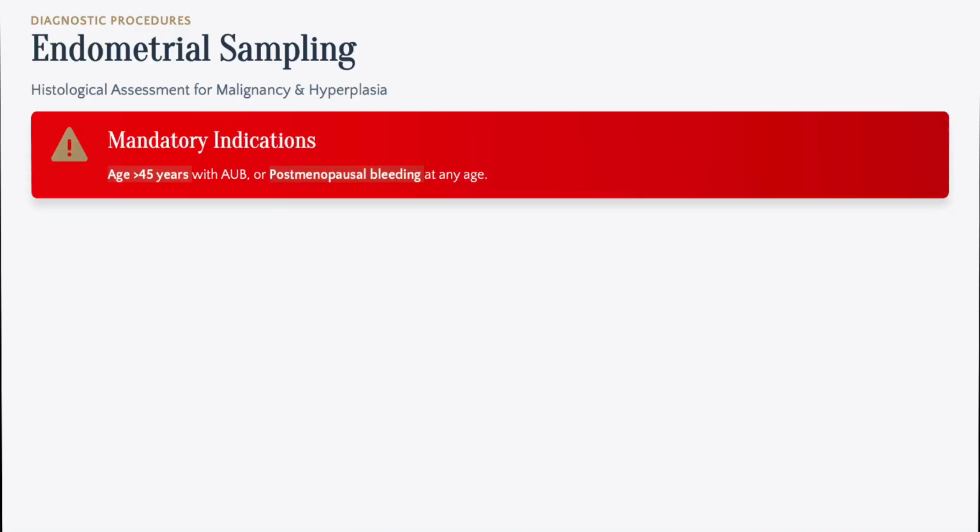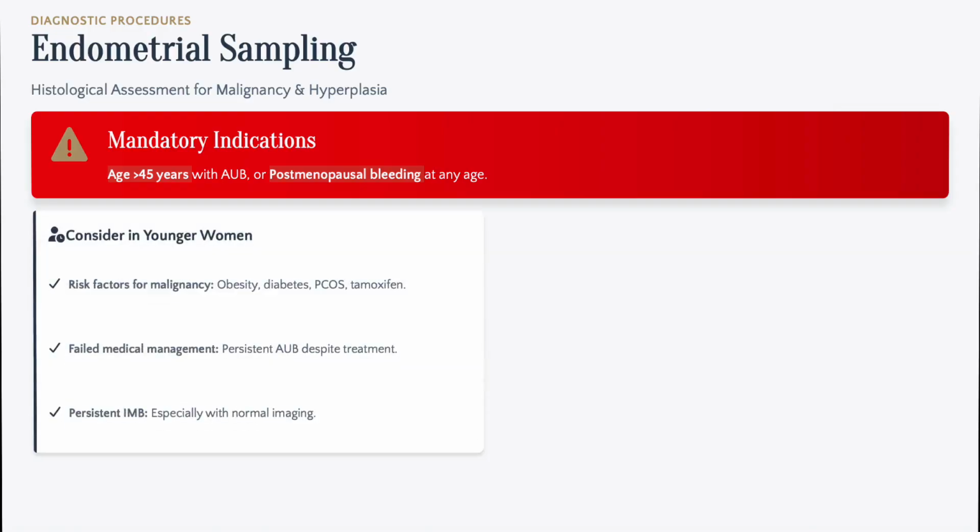Endometrial sampling for histological assessment is critically important. Let me be very clear about indications. One, it is mandatory for age over 45 with abnormal uterine bleeding, and two, for postmenopausal bleeding at any age.